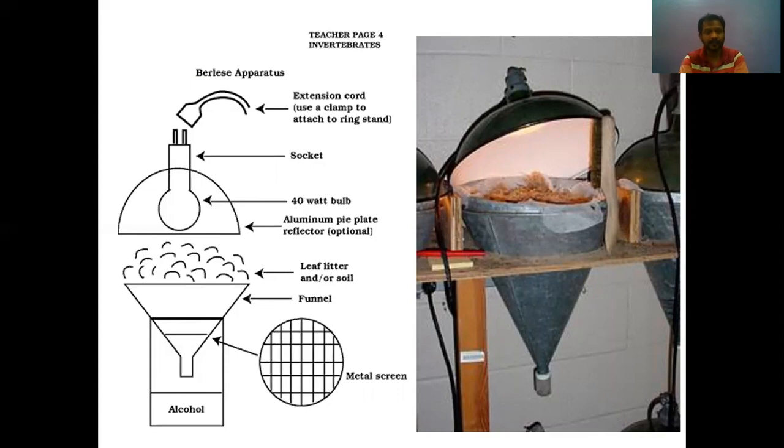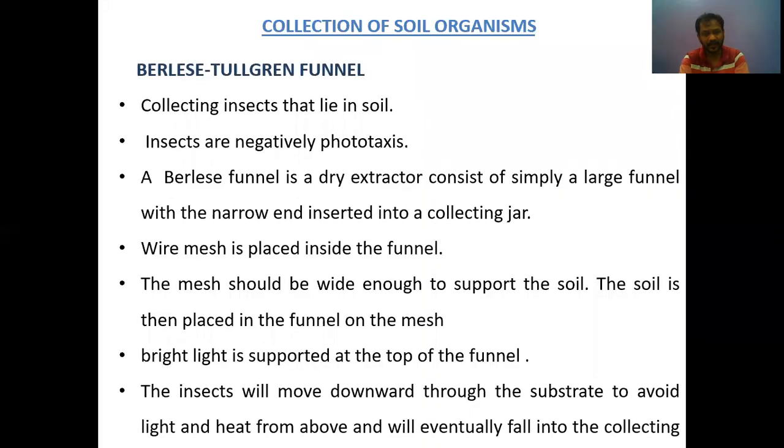This bulb will make the organisms or insects negatively phototactic. The insects tend to move away from the light and heat, and they fall into the collection chamber. So that is the simple method, the Berlese funnel experiment.